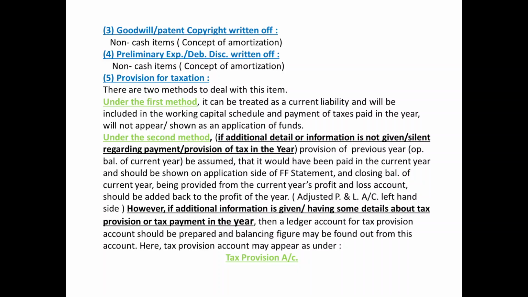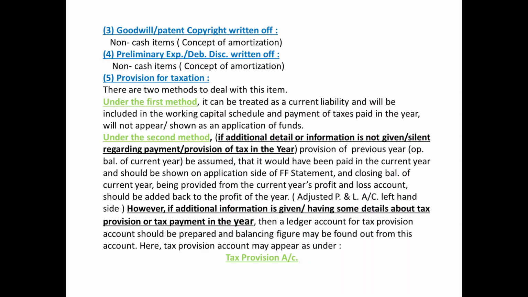Now you know the logic for this transaction, that the concept of amortization has been applied. It's a non-cash transaction. There is no cash, there is no bank in that transaction. Just a little bit of amount has been written off in the current year to the profit and loss account, and the remaining balance of that intangible asset will appear in the balance sheet.